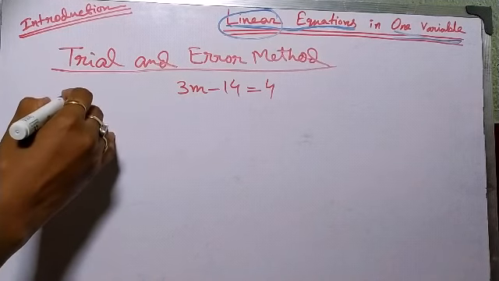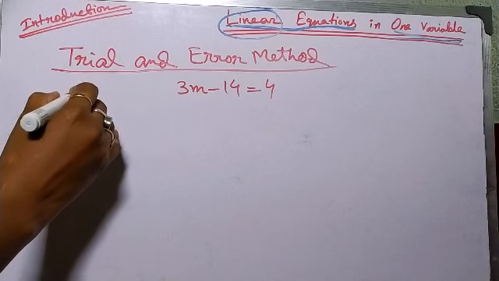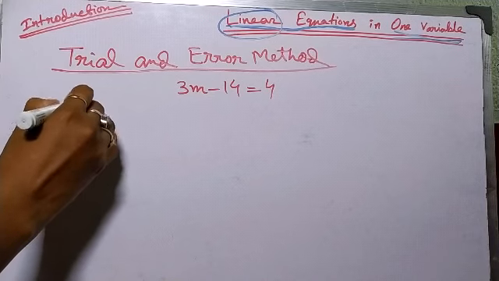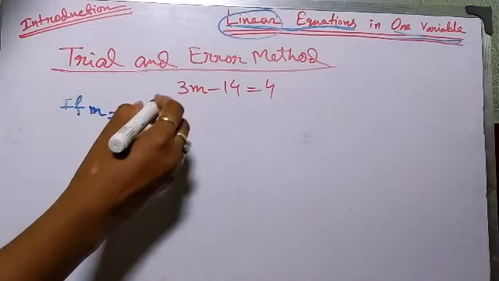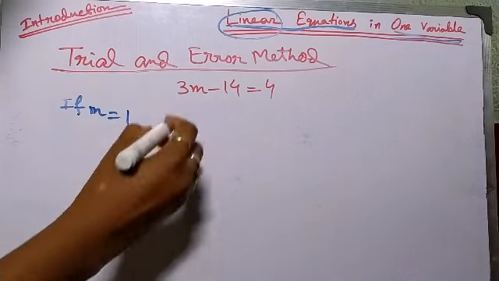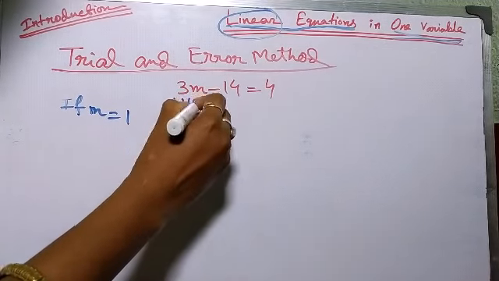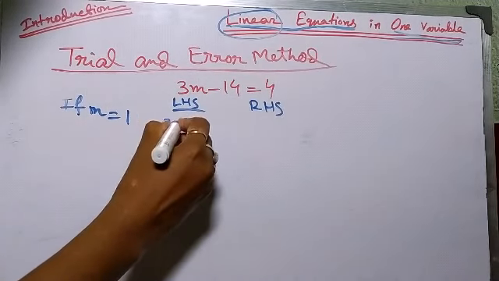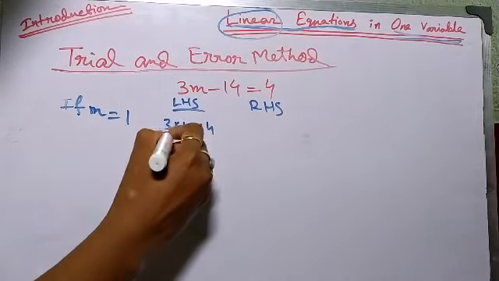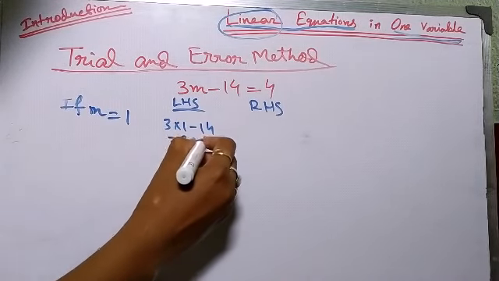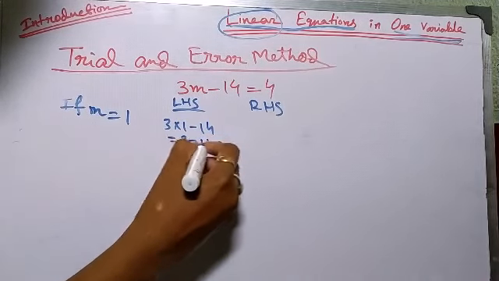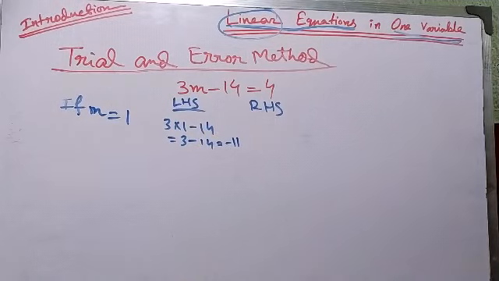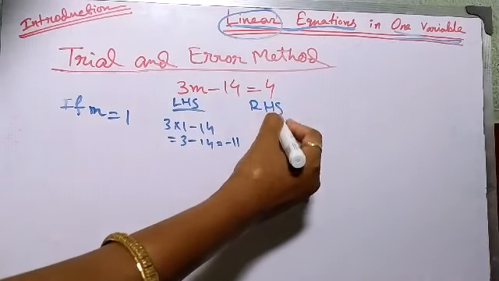So let's see that here, if m equal to 1 we will take, then what will be the LHS part? This is LHS part and this is RHS part. That means 3 into 1 minus 14. That means it will come 3 minus 14. So the answer will be minus 11. And RHS part there is 4.